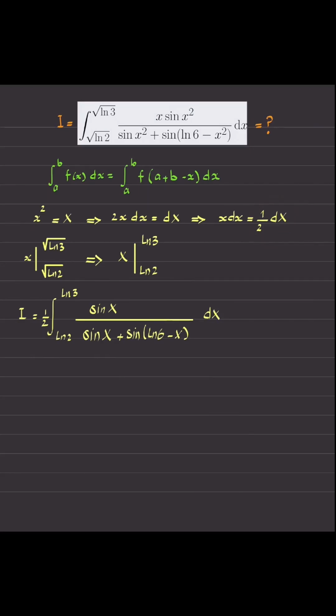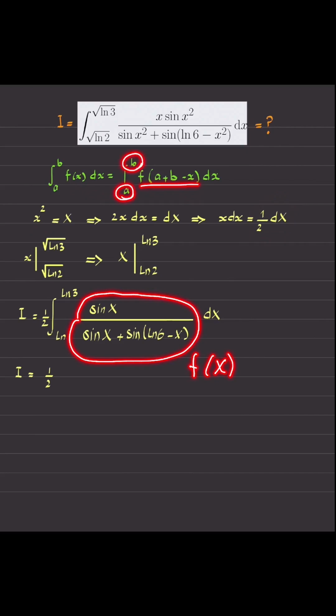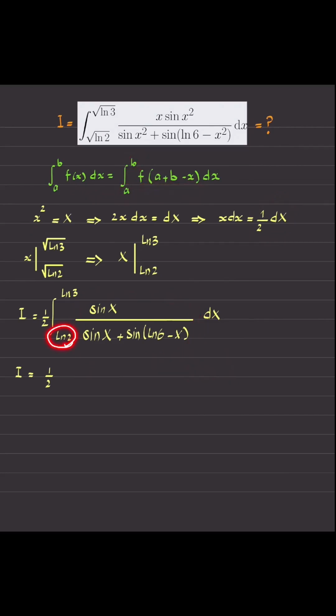Okay, now I want to use this formula that I mentioned from the beginning. So if this integral is I, integral I can also be written as 1/2. So you see now I want to give the role of f of capital X to this function. So what I have to do, I have to calculate f of a plus b minus x, but a and b are the limits of integration, which are ln of 2 and ln of 3.